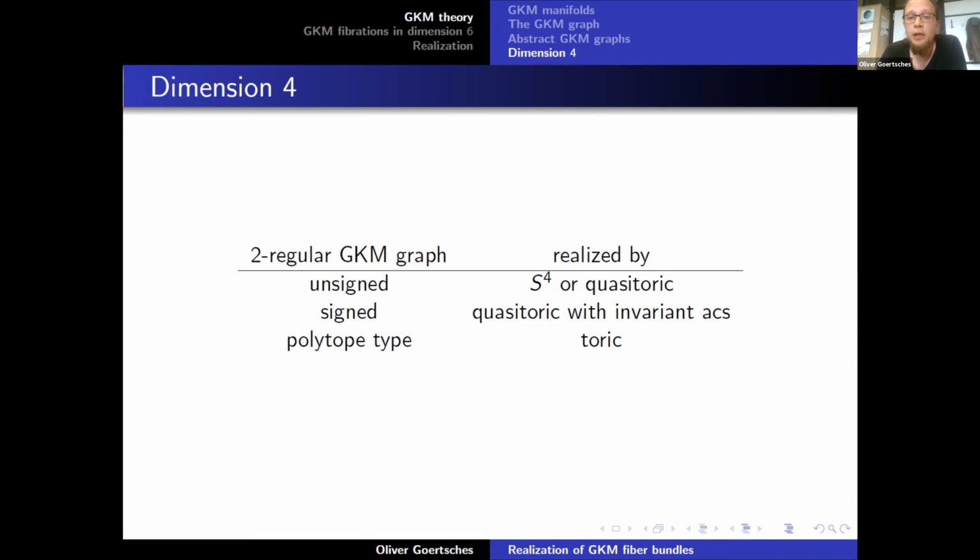And then the labeling of the edges is just the same as a characteristic function. So it's the same as prescribing the isotropy groups of the edges. So in this way we can construct in the classical way the quasitoric manifold associated.